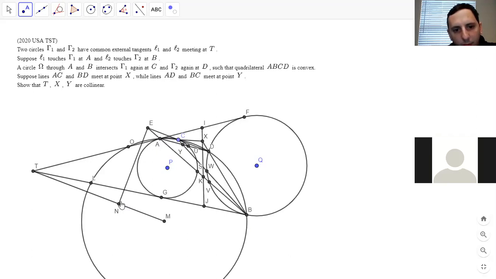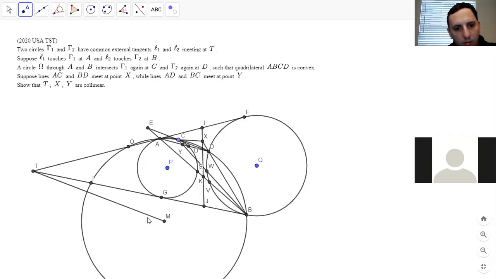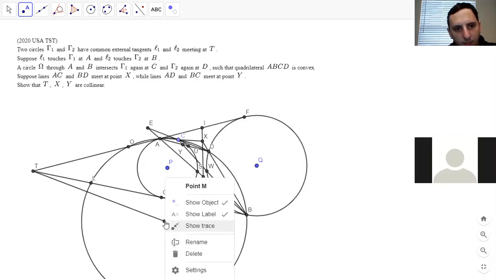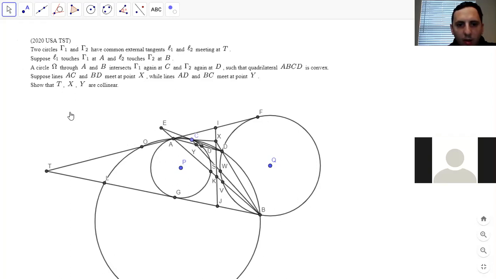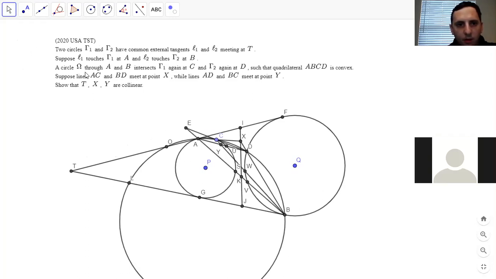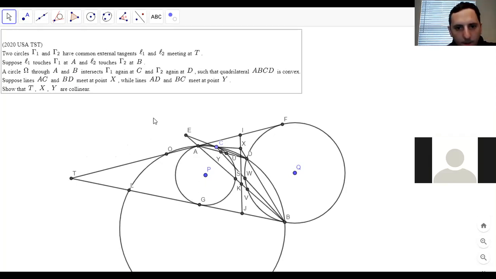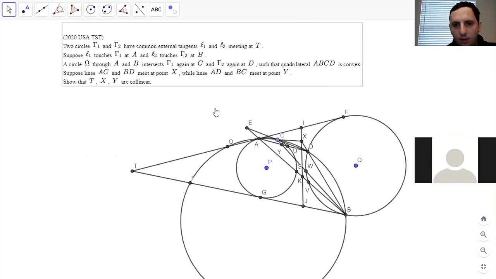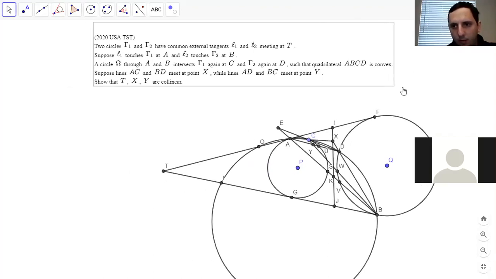Okay, so those two are similar. Hold on just a second. There we go.